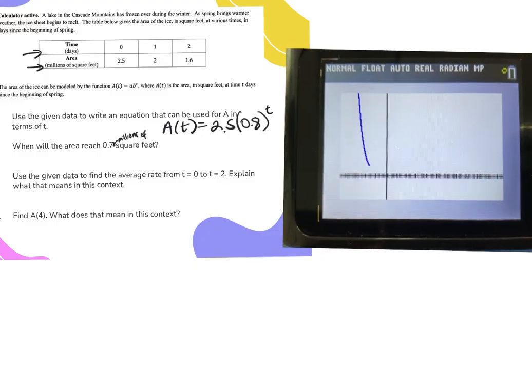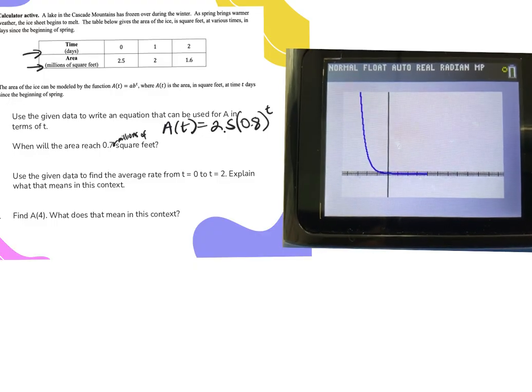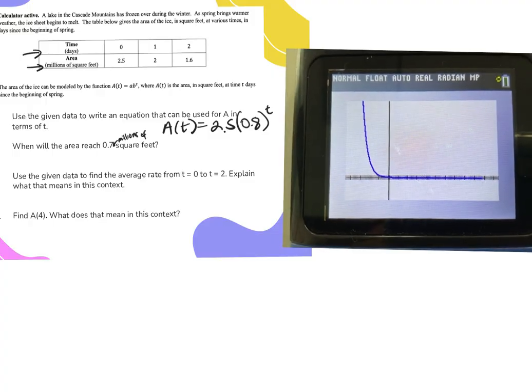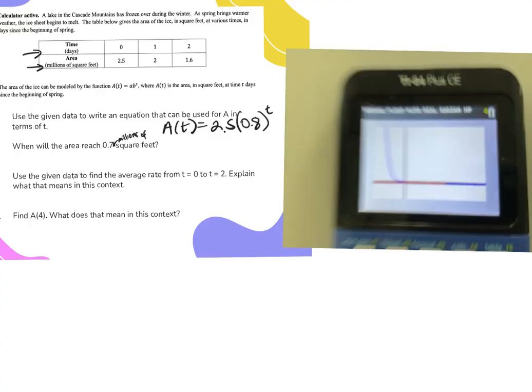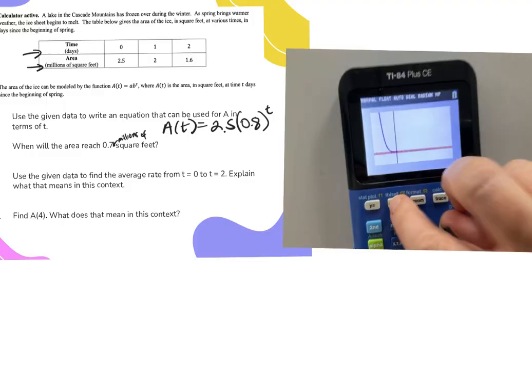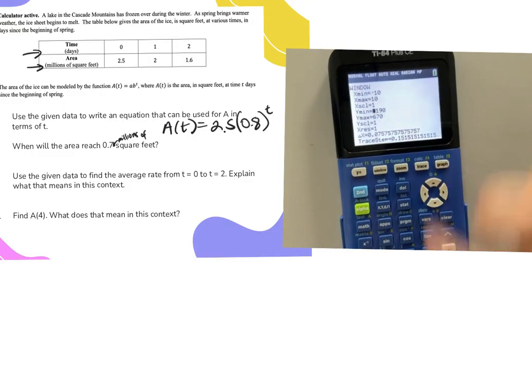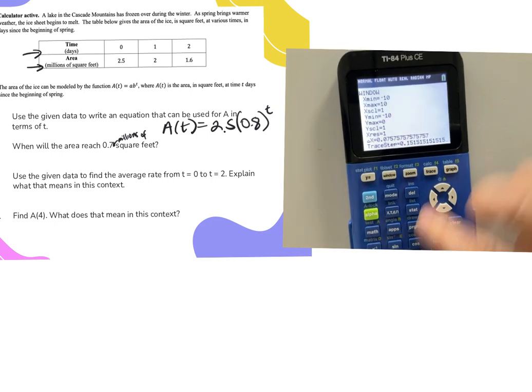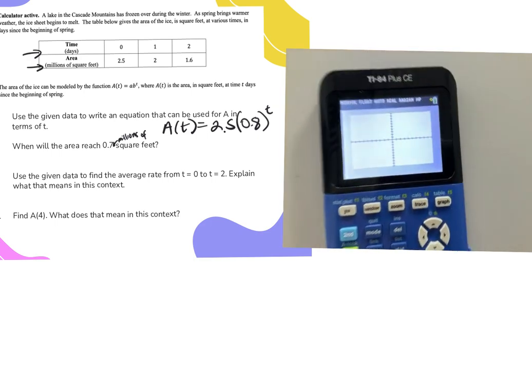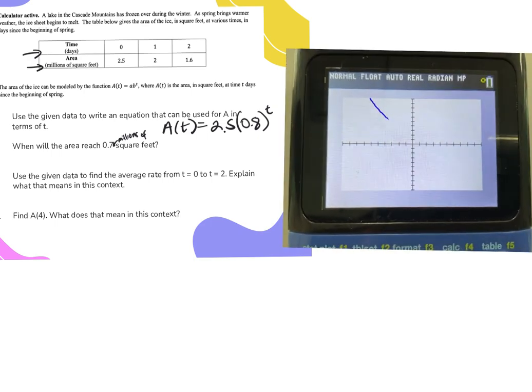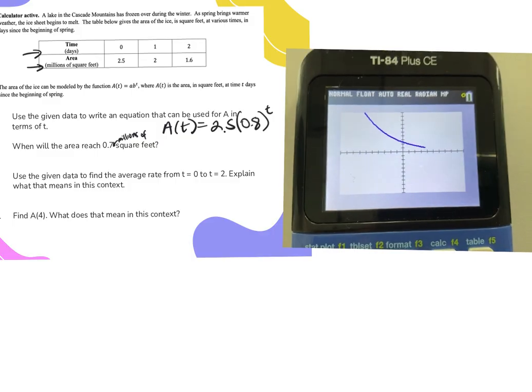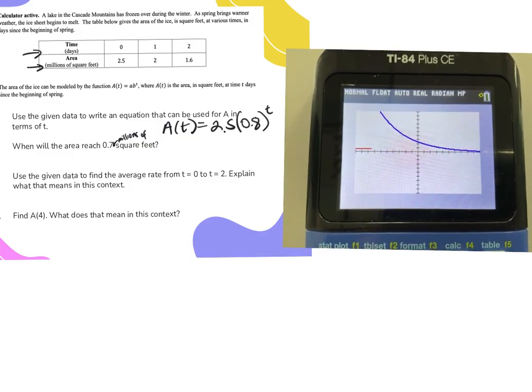Oh, my window's all messed up. Hang on. Obviously, you want to adjust your window to whatever's going to make you see what I've got. Mine's huge right now. My blue is the exponential, and the red is going to be the 0.7.